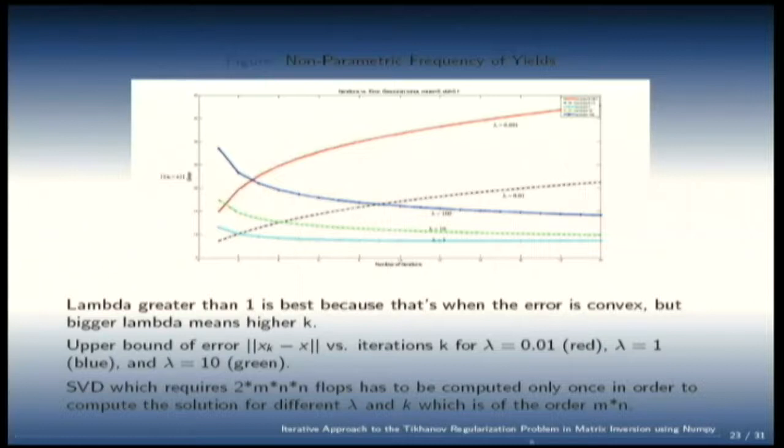But what's cool is that this solution isn't too sensitive to which lambda you choose, as long as it's greater than 1. Because as you can see, if it's less than 1, it shoots off into the distance. Remember, this is xk minus x, so the difference between the kth iterate and the true solution is shooting off into infinity.